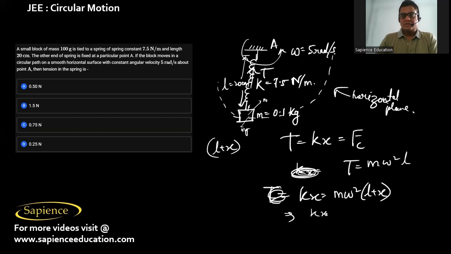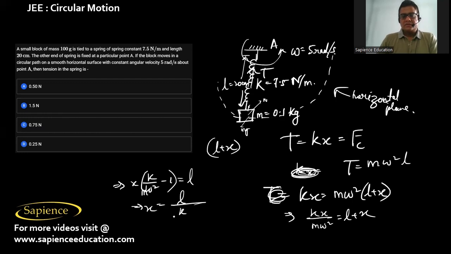So kx by m omega square will be equal to L plus x. So x into (k by m omega square minus 1) will be equal to L. So x will be equal to L by (k by m omega square minus 1).